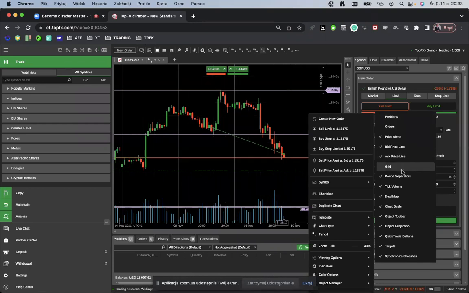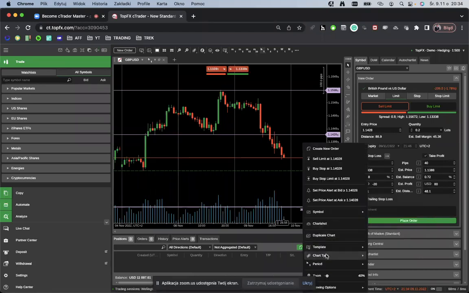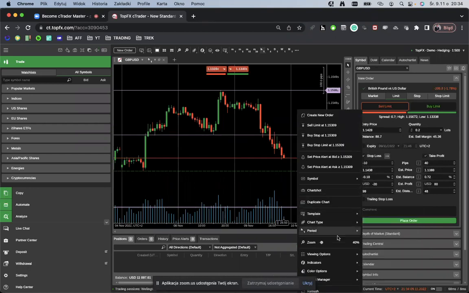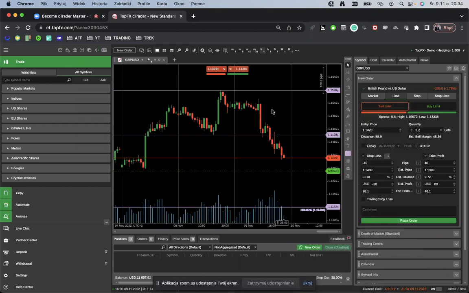The grid, no, we don't need the grid. Positions and orders stay here. Deal map, there you go. We don't want to see the deal map. So it's gone. If you want to see it, you can always go to the viewing options and put it back on, like the deal map and the grid, but I don't use it anymore.